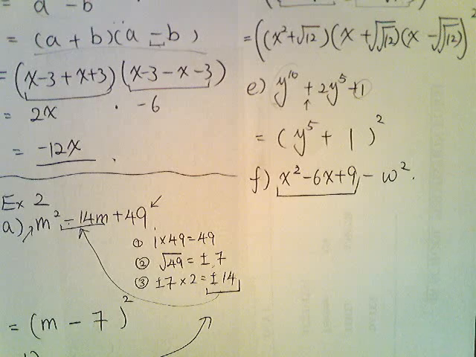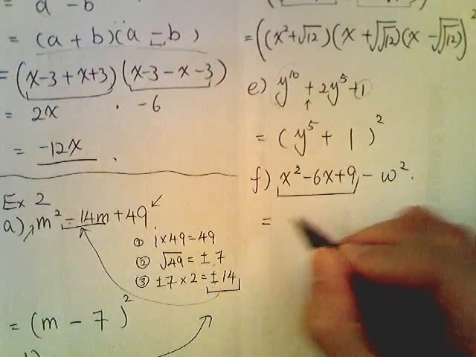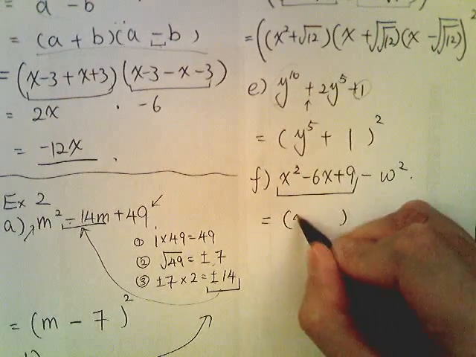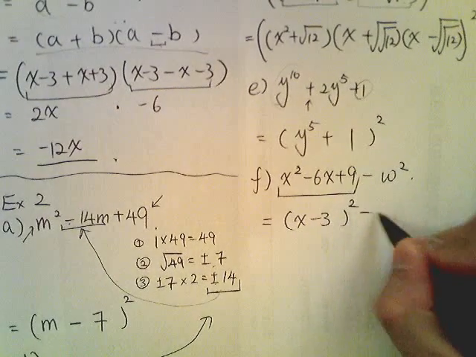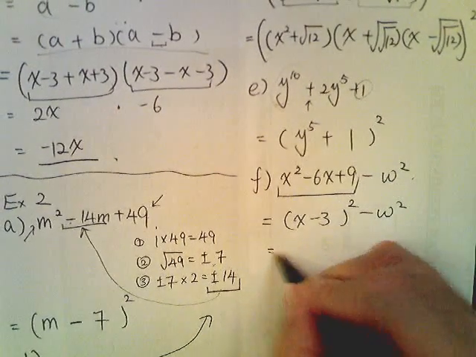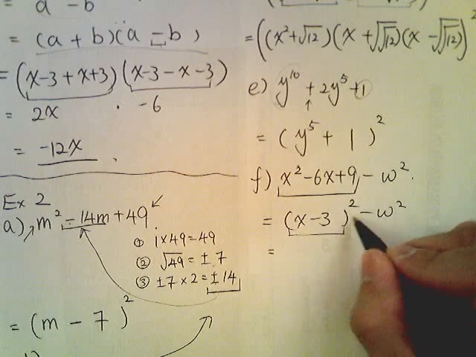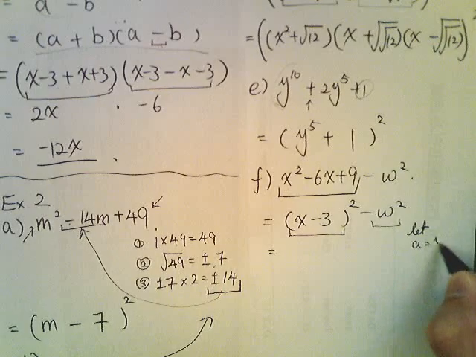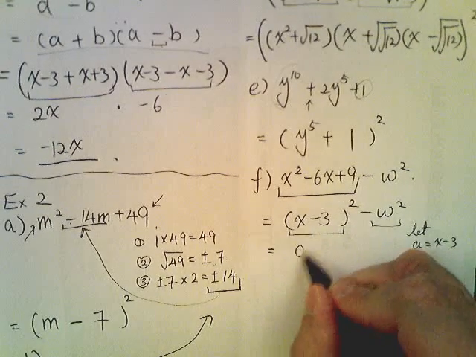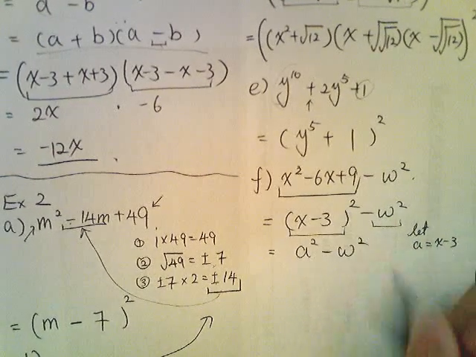You should be able to notice that this is a perfect square term, and that is x minus 3 squared. Okay? Now minus w squared. This is a term, this is another term, so you can say let a equal x minus 3, then it is a squared minus w squared.